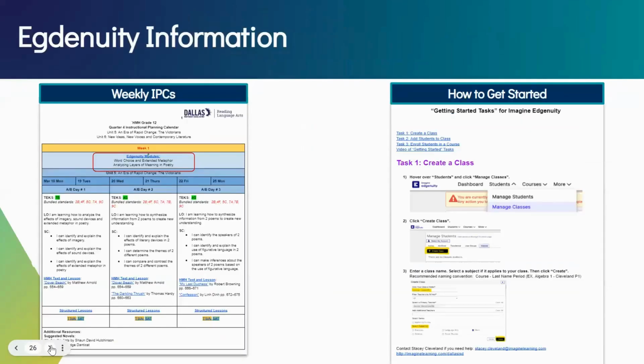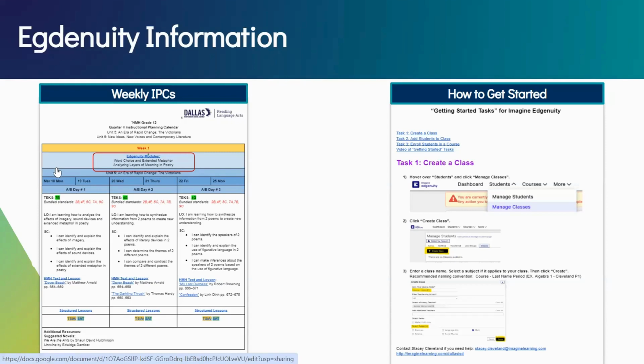The scope and sequence for the Edgenuity modules can be found on the weekly IPCs, and the weekly IPCs are housed on the Curriculum Central page. This is also linked here for your convenience if you would like to click it.